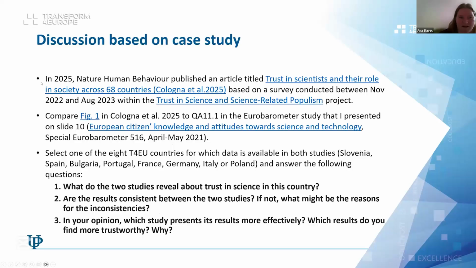At the beginning of this year, Nature Human Behavior published an article titled Trust in Scientists and Their Role in Society Across 68 Countries, based on a survey they conducted between November 2020 and August 2023 within their project. They come to some very interesting findings. Especially, I would like to focus on figure 1 in their study.